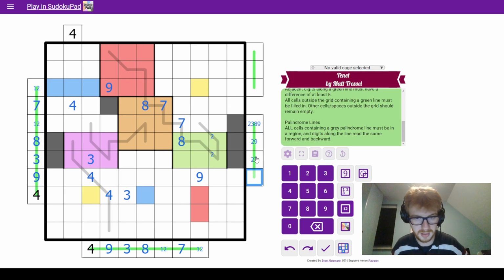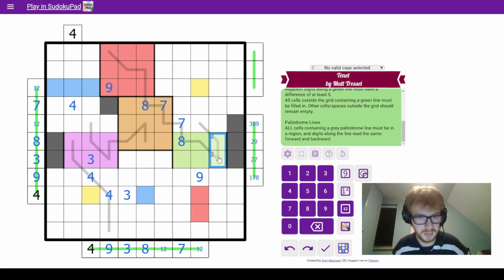Wait, what was this again? If that's 7, then this is 1. If that's 2, then this is 7 or 8. Okay, just to be, you know, full, complete. And either of these is 2. Because if that's 2, that's 7. If that's 7, that's 2. So that could never be a 2.